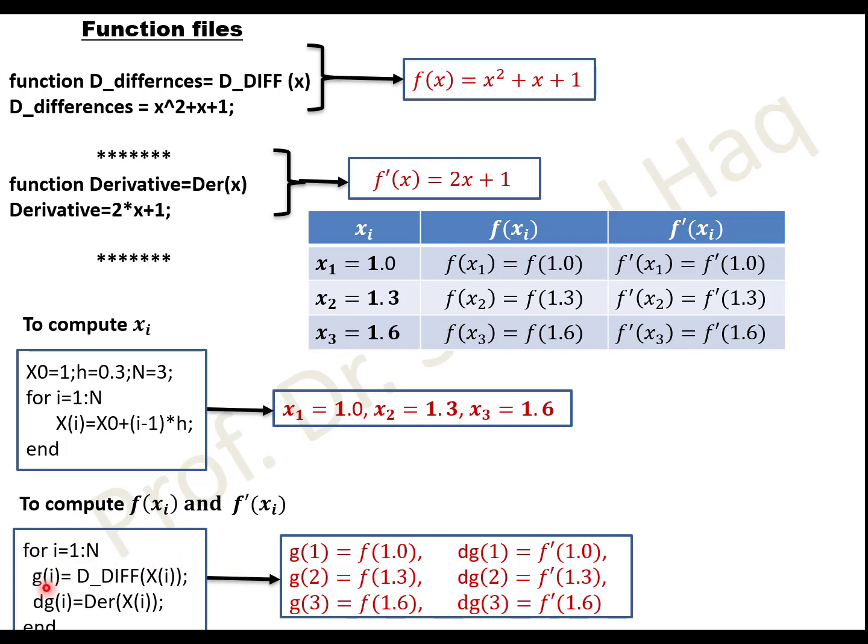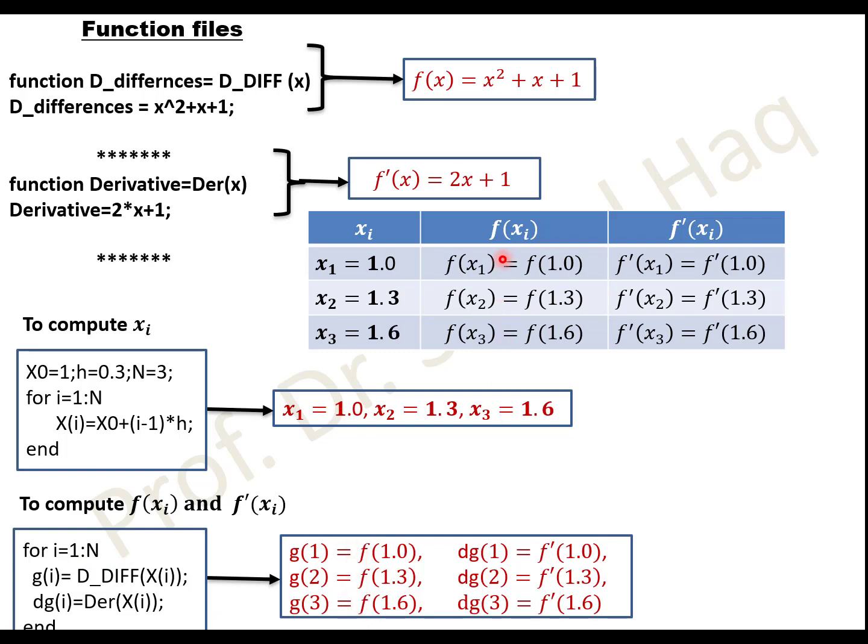I is equal to 2, g2 is equal to f of x2. It will send x2, which is 1.3, to this function file, and will get the value for you. F of 1.3 will be stored in g of 2. And similarly, i is equal to 3, so it will send x3 to this file and will save it for you as f of 1.6. So this line generated this column for you.